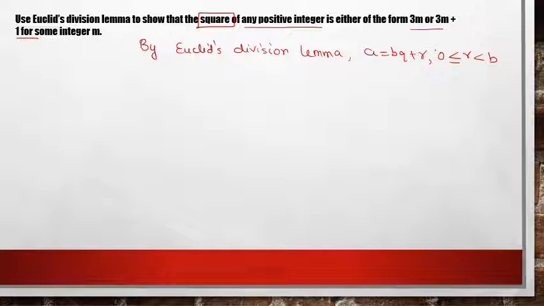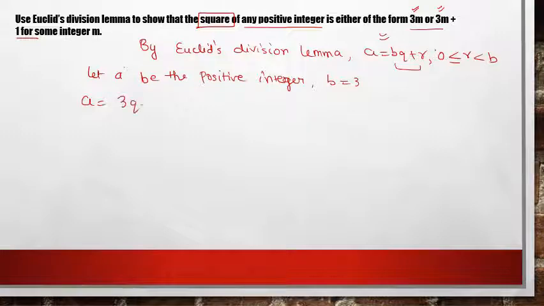Correct. Now what is given with the variable 3? So we are assuming let a be the positive integer. And now b is what? 3 here for this question. So this lemma will be formulated as bq plus r, that means 3q plus r.